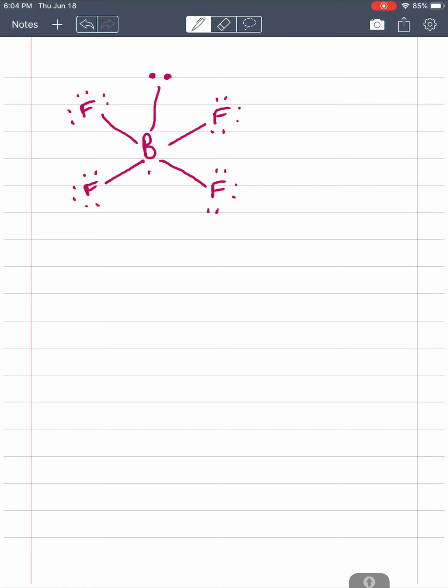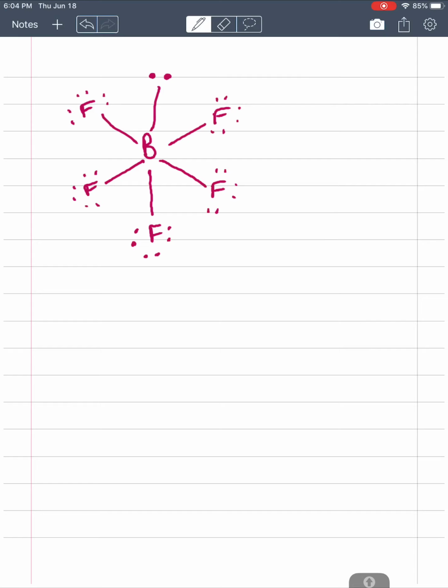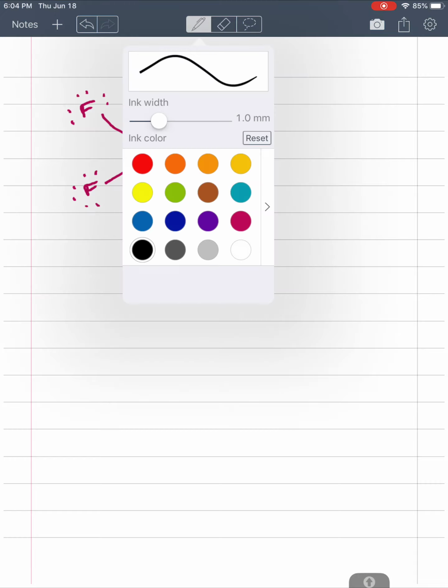I'm going to put it at the top. You could pick any position for the first one. All right, so let's count groups. 1. Let's draw this lone pair a little differently.